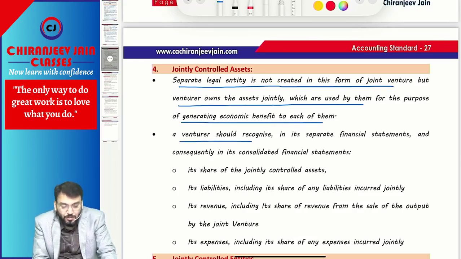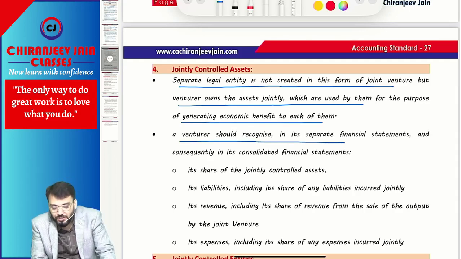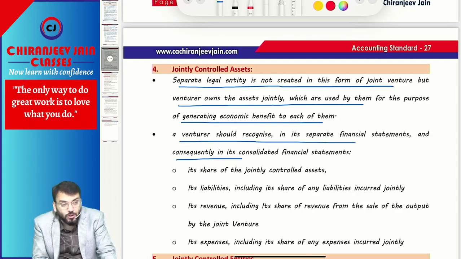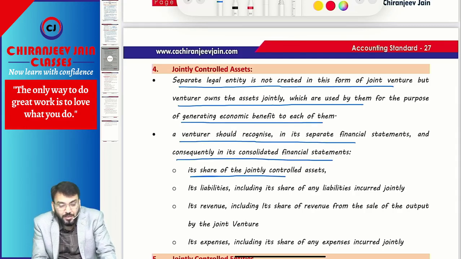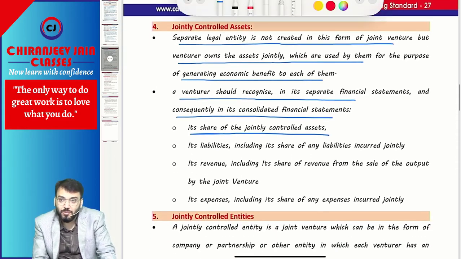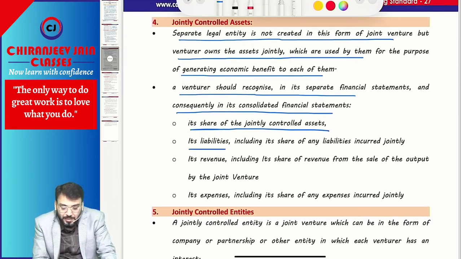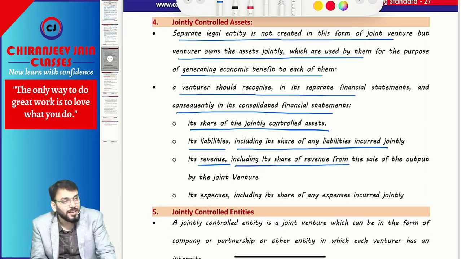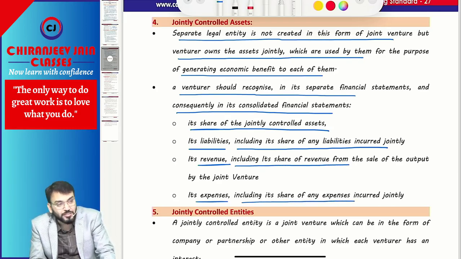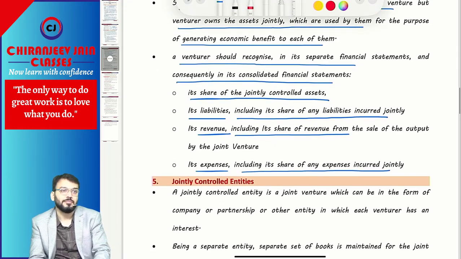A venturer should recognize in his separate financial statement and consequently in the consolidated financial statement his share of jointly controlled assets, his liabilities including his share of any liability incurred jointly, his revenue including his share of revenue from the sale of output of the joint venture, and his expenses including his share of any expense incurred jointly. Done.